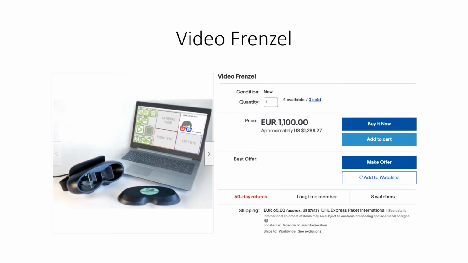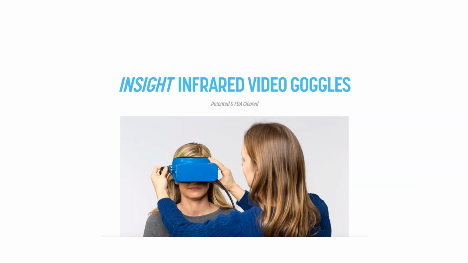For about 1,200 US dollars, the same company also offered video Frenzels. It has goggles with an infrared camera, 2 channels. They give you free software for simple analysis, but the laptop you have to buy your own. This one from Vestibular First is FDA cleared and is slightly more expensive.